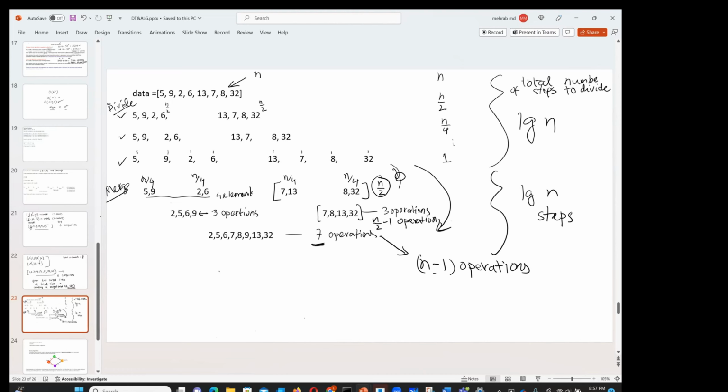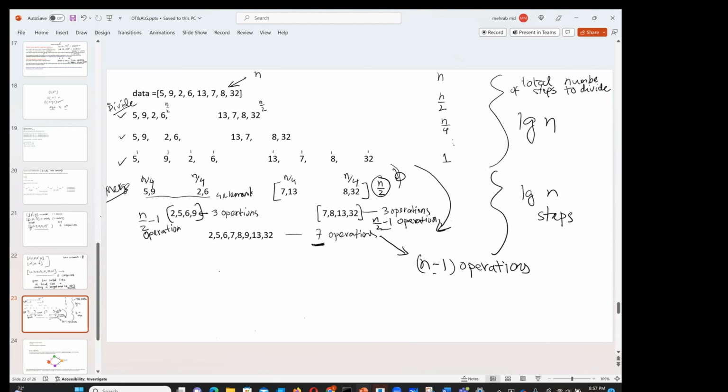And I also needed n over 2 minus 1 operations for this one also. Can I say that? Yes.